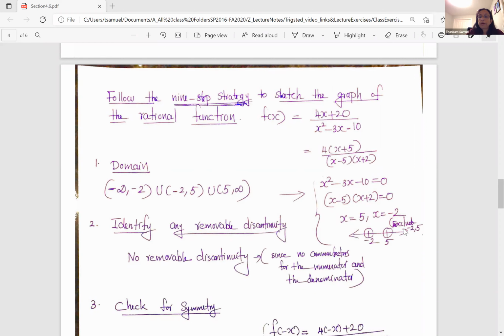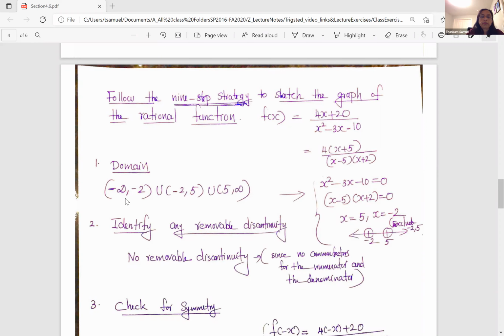If you consider a number line and plot the points negative 2 and 5, we need to exclude these points. Using interval notation, we can write the domain as negative infinity to negative 2, with a parenthesis because negative 2 is not included, union negative 2 to 5, with parentheses because those points are not included, union 5 to infinity, where 5 is also not included.